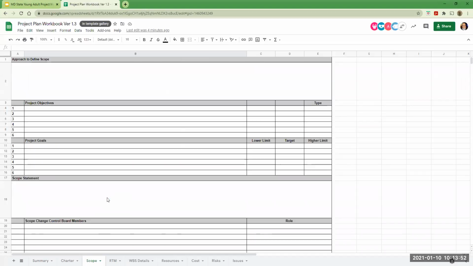I remember yesterday Masood talked about how his scope involved a certain area in Maryland. I also remember yesterday the acronym that we use for SMART. The scope has to be specific.